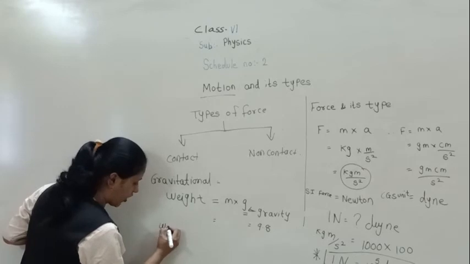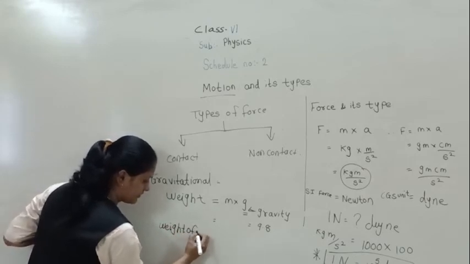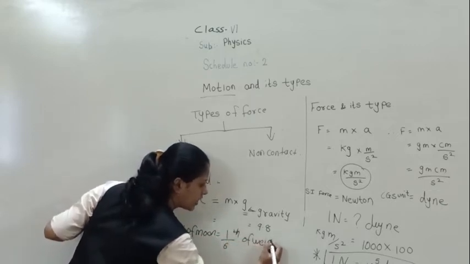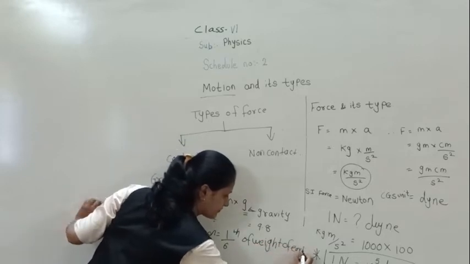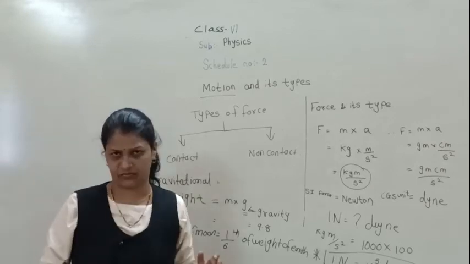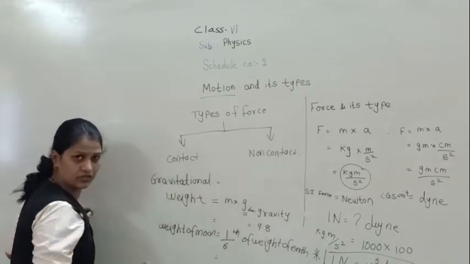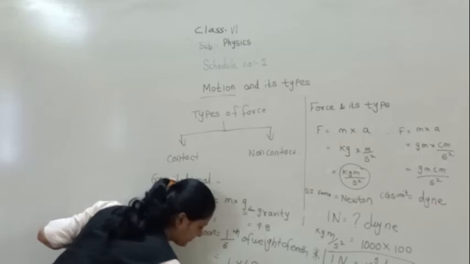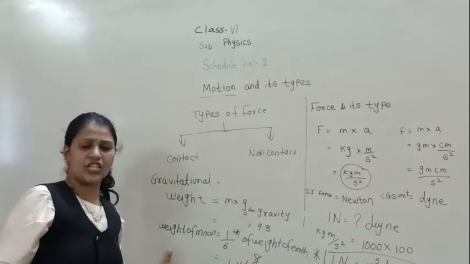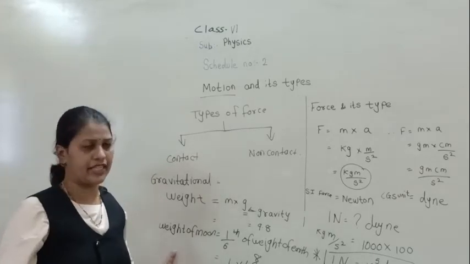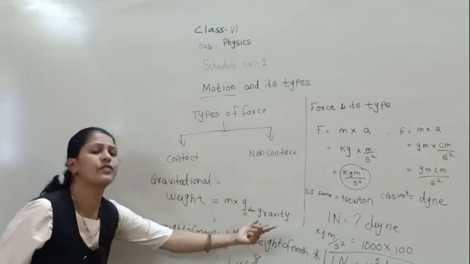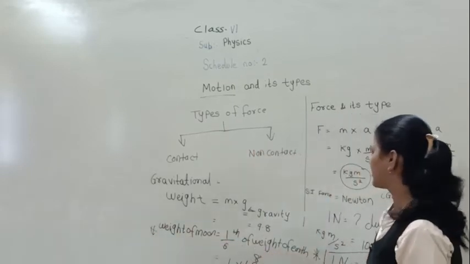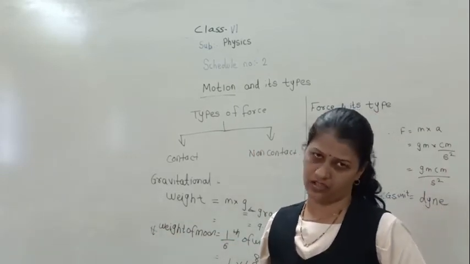The weight on the moon is 1/6 of the weight on the Earth. Suppose my weight on the Earth is 48 kg. What will be my weight on the moon? That is 1/6, so 8 kg will be my weight on the moon. Are you getting this? Weight on the moon is always 1/6 of the weight on the Earth. This is a very important point.